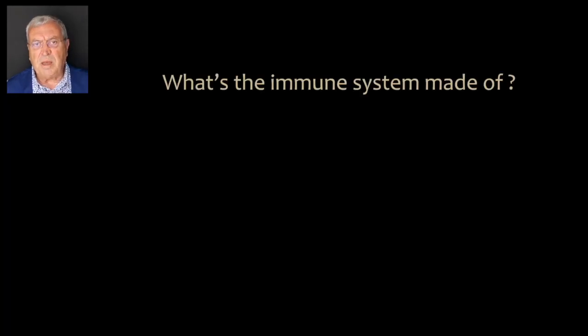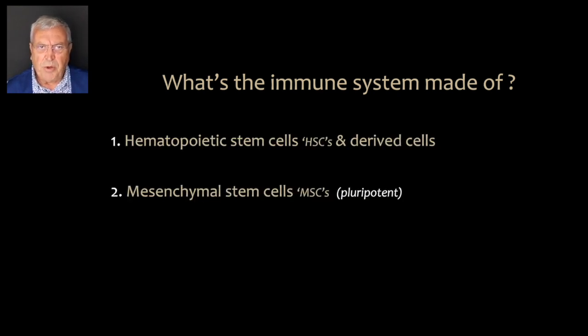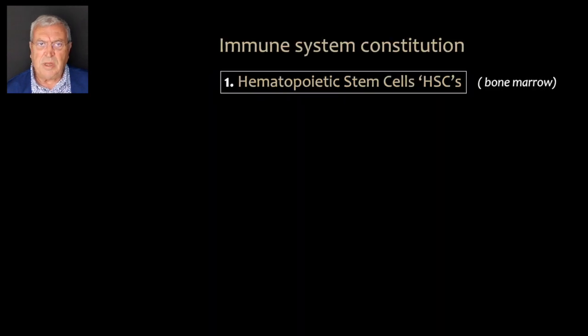What's the immune system made of? We have two kinds of cells: hematopoietic stem cells and mesenchymal stem cells. Hematopoietic stem cells, they are located into the bone marrow and they have one specific function.